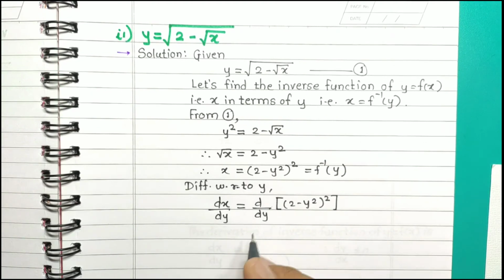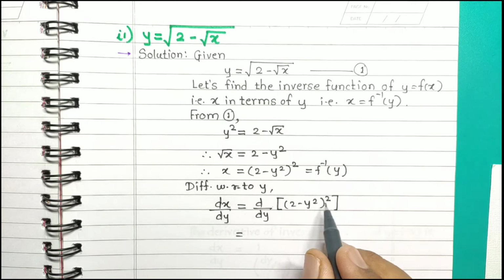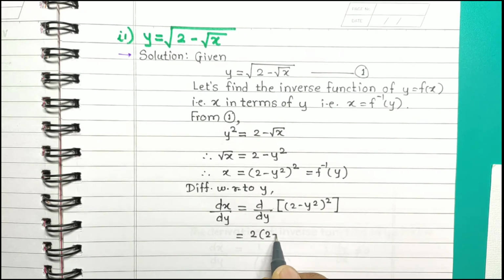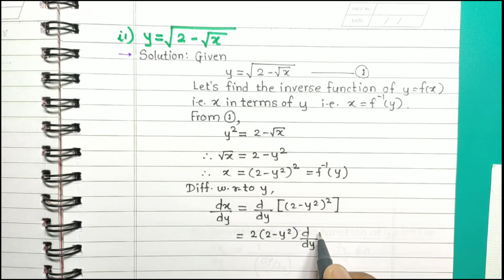Okay, so this is nothing but something square, so the derivative is 2 into something, that means 2 minus y square into the derivative of something, which is 2 minus y square. We are using the chain rule to write down this derivative.